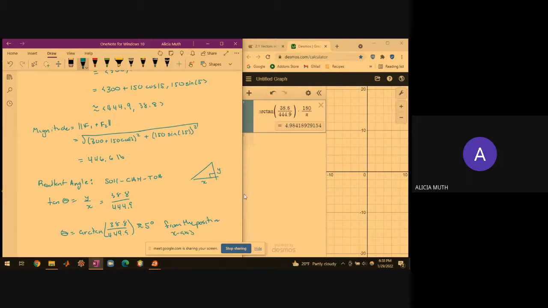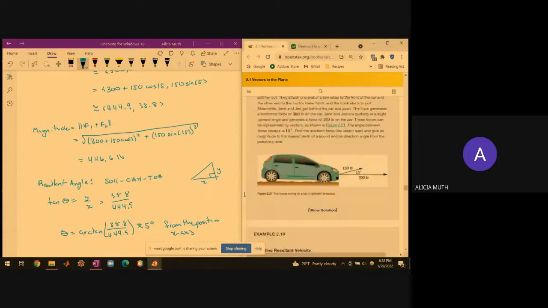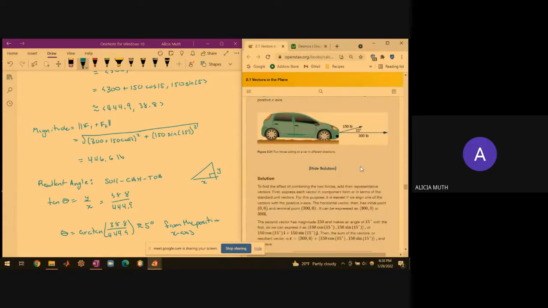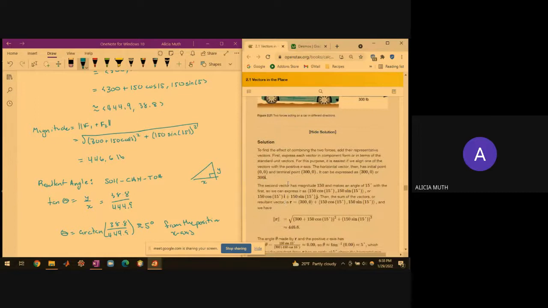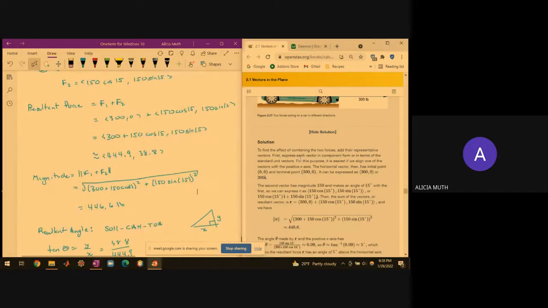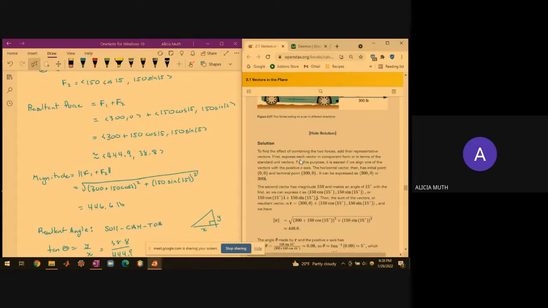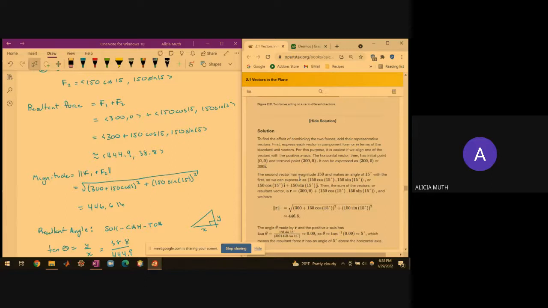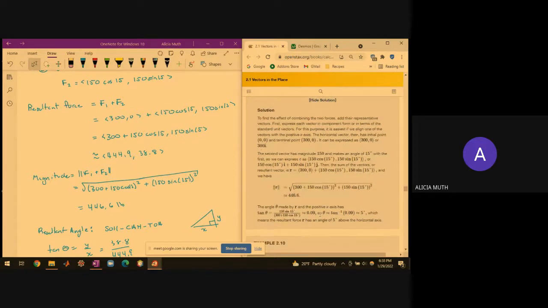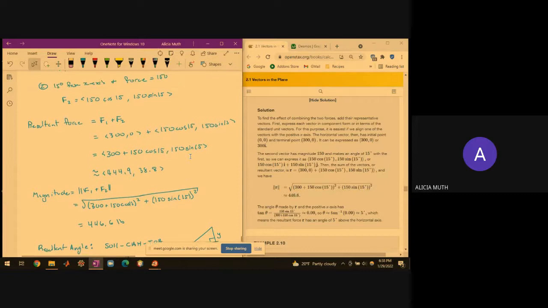So let's take a look then and see if we can check our answer. Okay, so they have taken the same steps. The horizontal component. Let's see. So our resultant force, they actually decided to use the standard unit vector notation, which works as well.